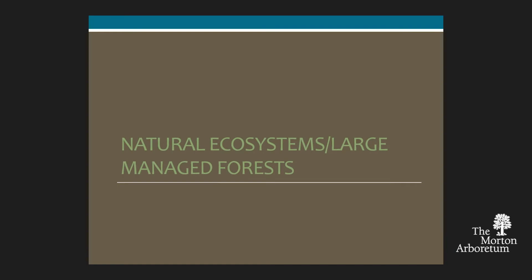So first I'm going to give you an overview of some of the work that we have done in natural ecosystems across that broad climate change response framework area that Chris mentioned.